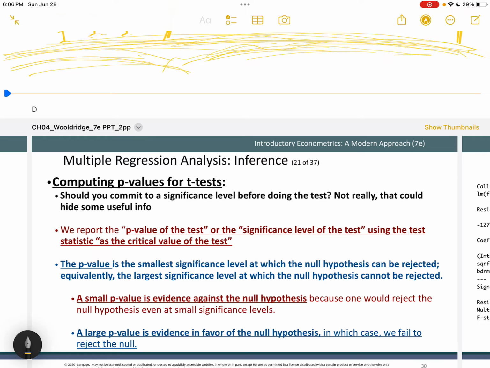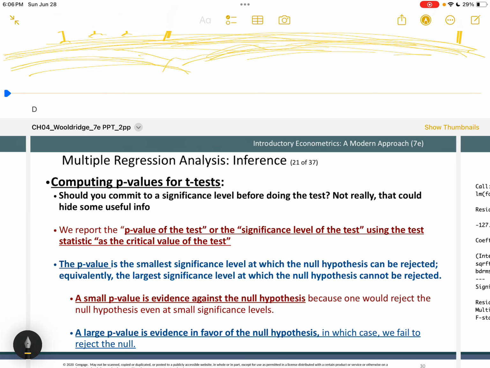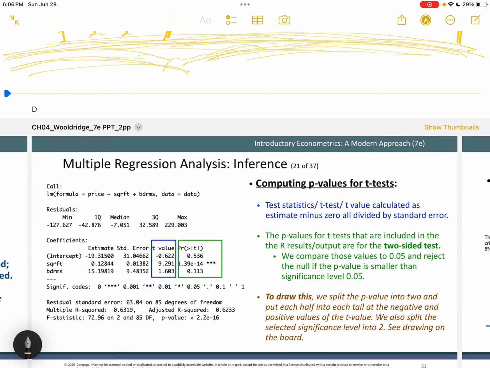Now, are p-values reported for every coefficient? If we calculate our coefficient and it comes with a standard error, and we can have a t ratio, a test statistic, can we also have a p-value connected to that? Yes, we can.